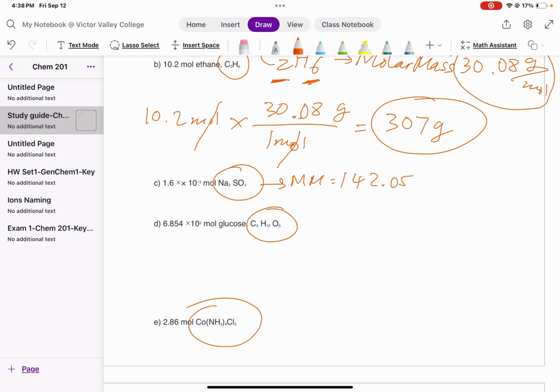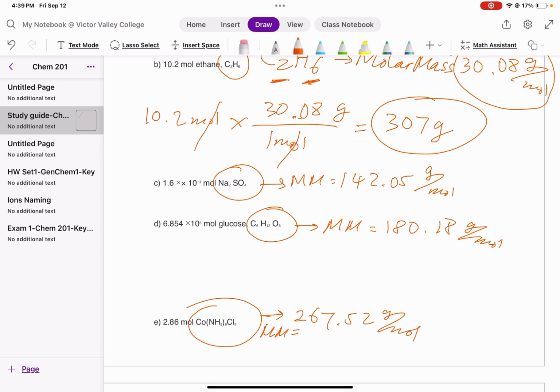We did this earlier, 180.18. Molar mass of this one, 367.52. So if you get all that done, this one should be 0.23 grams. Answer.